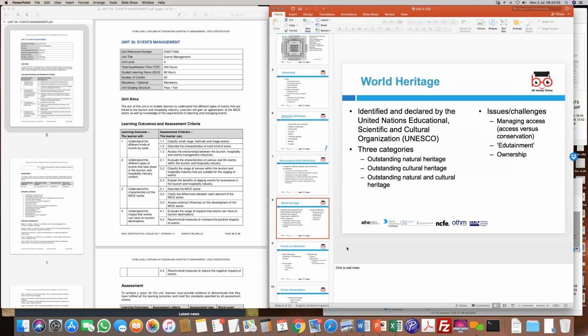Now, some of the attractions over the years have been declared something called a World Heritage Site. These are attractions or tourist destinations, or maybe a particular location within a destination, which have been identified by the United Nations or UNESCO as being of importance in terms of cultural heritage, natural heritage, and history, essentially.